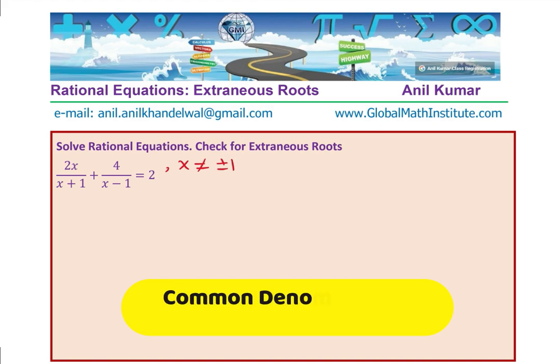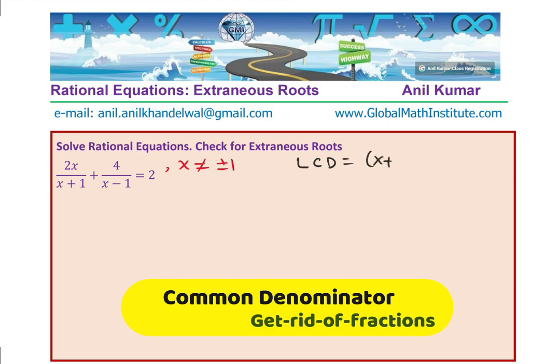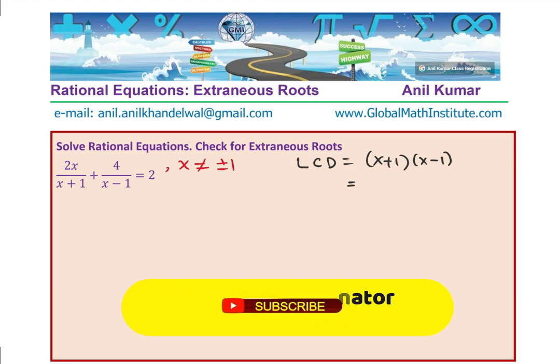Denominator cannot be 0. But now, let me find the lowest common denominator. So in this case, what is the lowest common denominator? So the lowest common denominator is the product of x plus 1 with x minus 1, right? So that is it. Some of you know that this can be written as x squared minus 1. You can expand and simplify, correct?